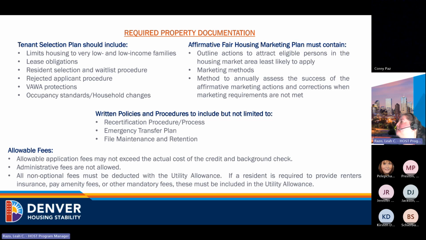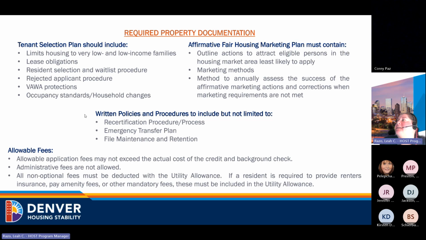So let's talk about documentation for the property as a whole. As a property, you should have a tenant selection plan that addresses that the affordable units are for low to moderate income households.